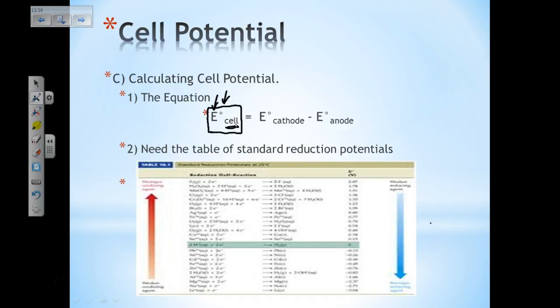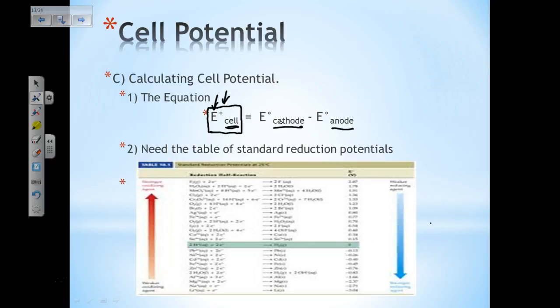Now, every voltaic cell, galvanic cell, whatever you want to call it, is made up of 2 parts. There's the cathode and the anode. This is how we do the math: we find the reaction and we find the cathode, and what happens at the cathode is reduction, red cat.